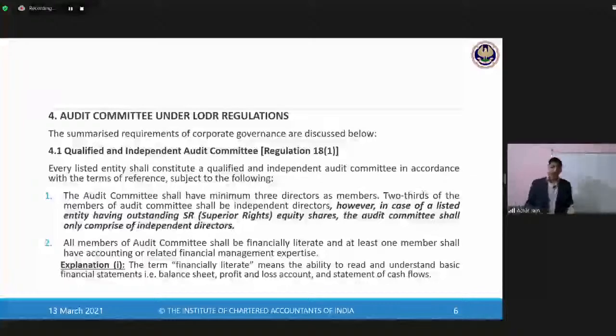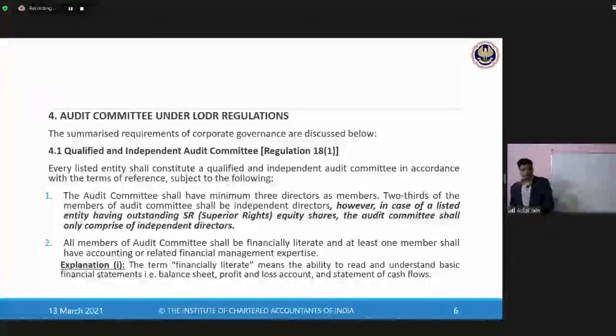So for a listed company, these two regulations become relevant, which they will have to look into. We'll first start with the requirements related to the audit committee from the LODR side. Then we will also look at the requirements in relation to the audit committee as per the Companies Act.